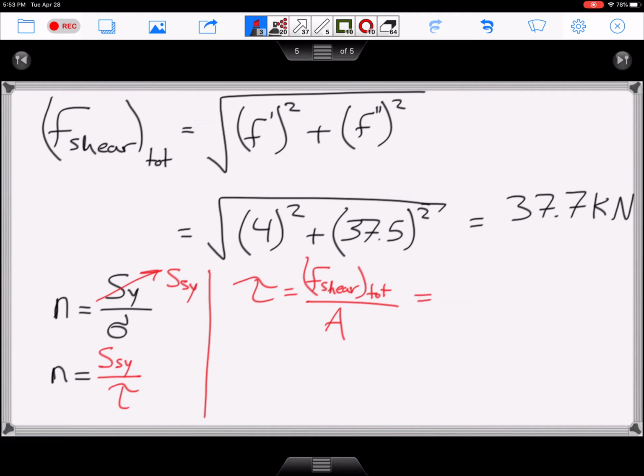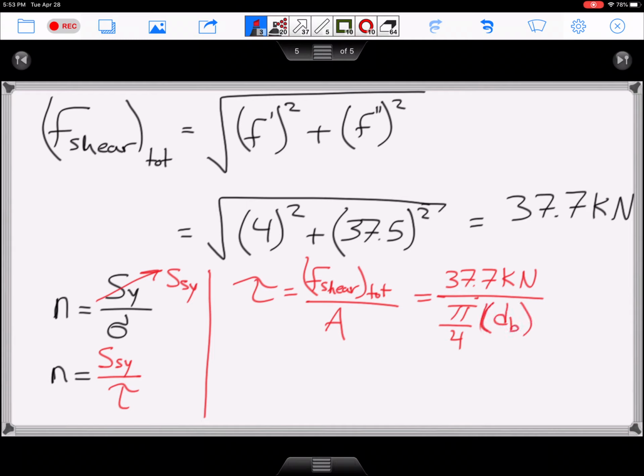So this one is 37.7 kilonewtons, and the area of one bolt you can treat as a circular cross section, so it's pi over 4 times the diameter of the bolt squared.